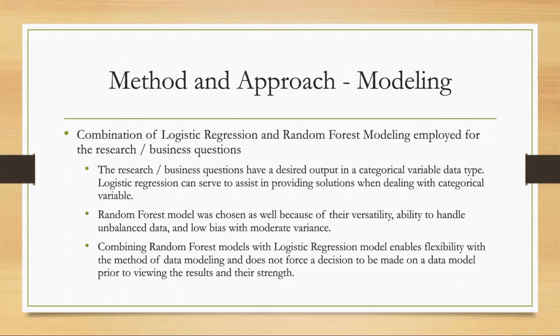And we wanted to use a random forest model because it's a little bit more robust and does a good job of combating bias and overfitting. So we wanted to use both models so we didn't have to decide before running a model which approach we wanted to go with, and we could compare and contrast performance. Next slide.